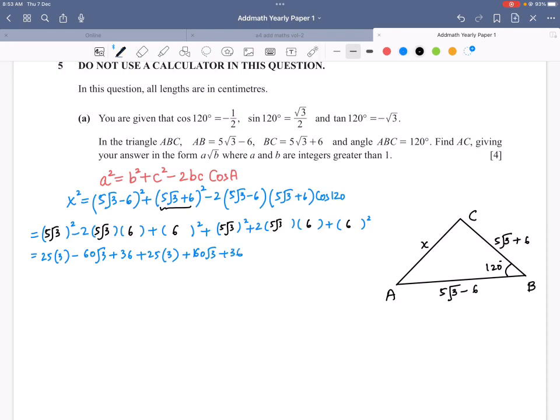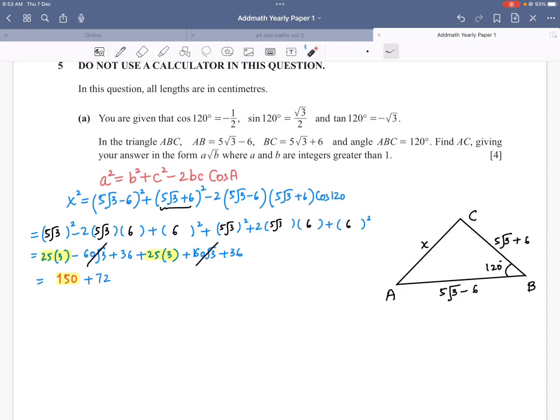So when you simplify, minus 60 plus 60 cancels. 25, 3s are 75. Now we need to add these two values. 75 plus 75, it will be 150, right? So you can easily conclude that this result is the addition of these two values. 36 plus 36 is 72.